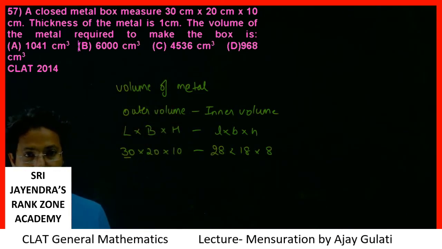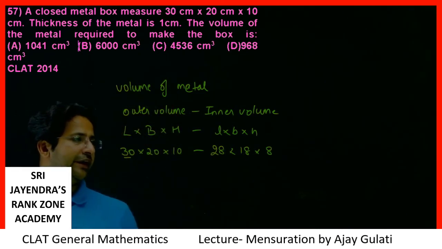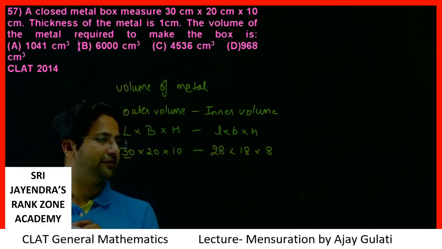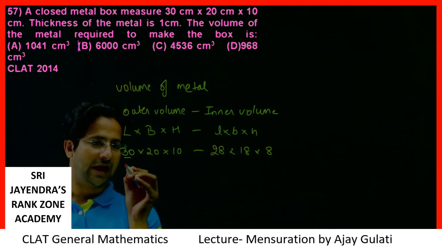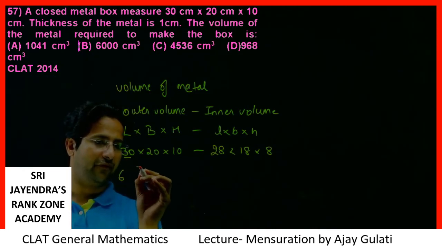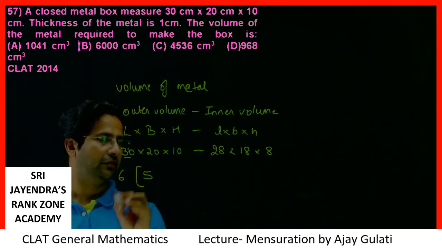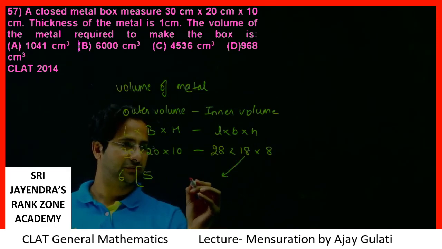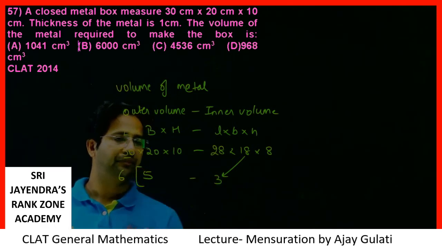Now, if you can take something common, you take common. Let's say I take 6 common. When I take 6 common, on this side I write 5, and here I write 3.